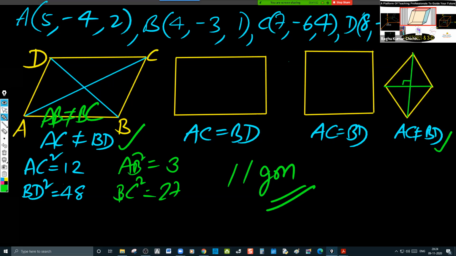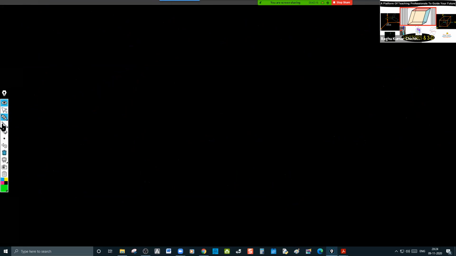For a rhombus, the adjacent sides are equal, but for a parallelogram, adjacent sides are unequal. AB square and BC square are unequal, and hence it forms a parallelogram. It's a simple one.